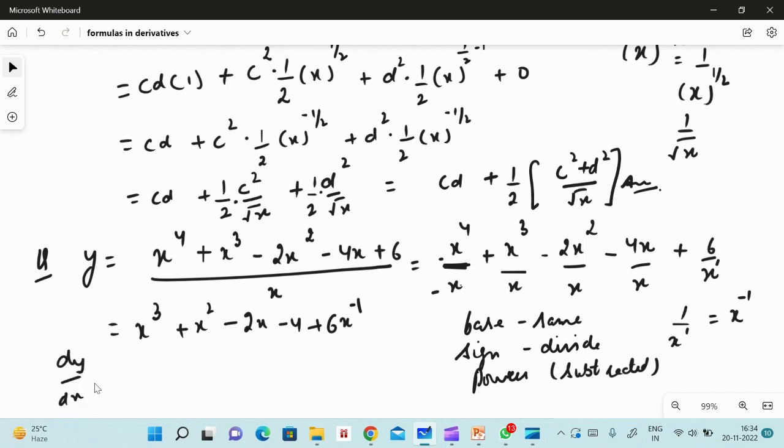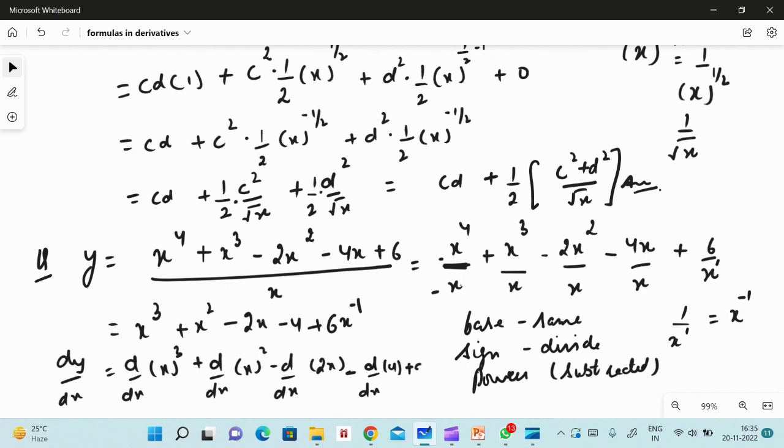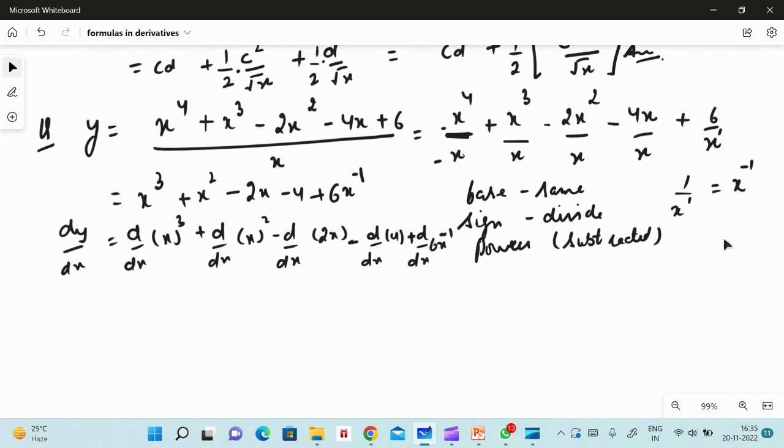Now I have to take the derivative. So independently I'll take the derivative of all the terms, minus derivative of 2x, minus derivative of 4, and plus derivative of 6x power minus 1. Okay, so this is the case.